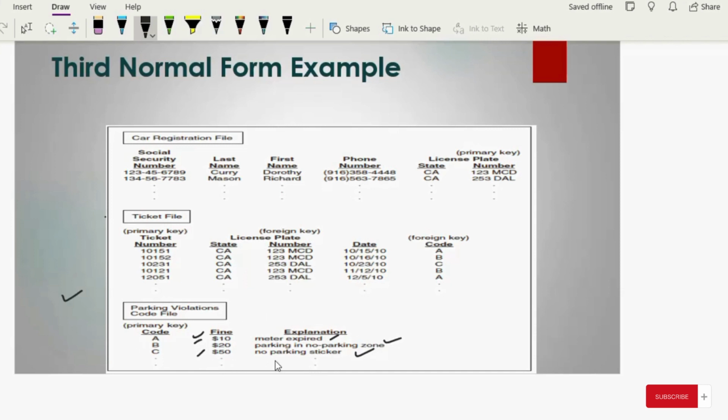So we define the parking violation codes with their explanations in this table. Okay, now when the ticket is issued, we only need to know its key code. No need to write the fines here because they are already in this table. If you want to generate the report, you will consider all these 3 tables and your required data will be extracted.